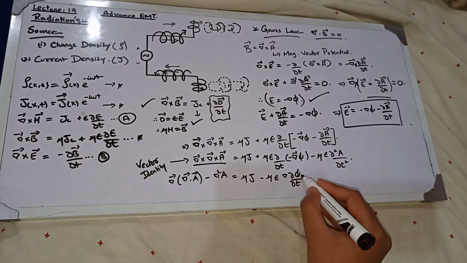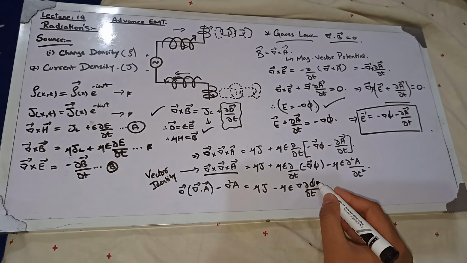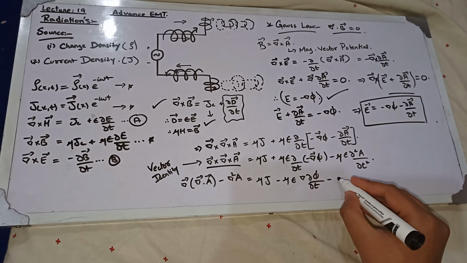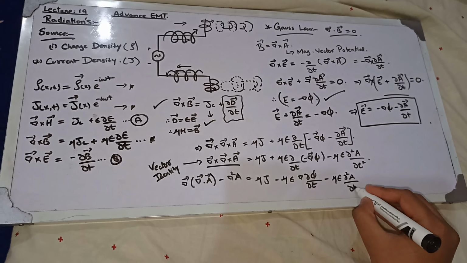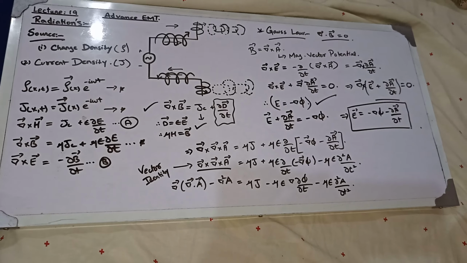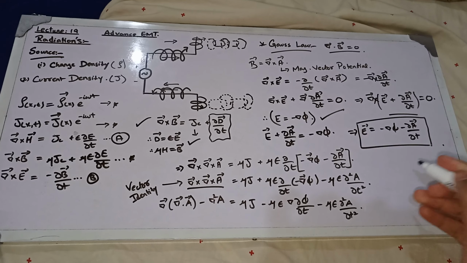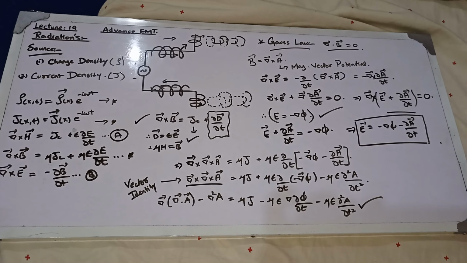This phi, you know, is basically a scalar, gradient of scalar, minus mu epsilon partial square A divided by partial t square. Understood?